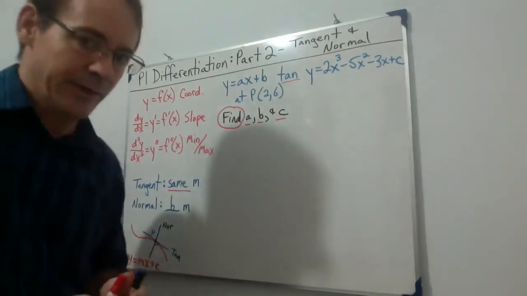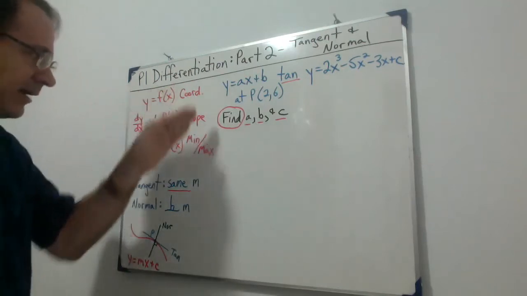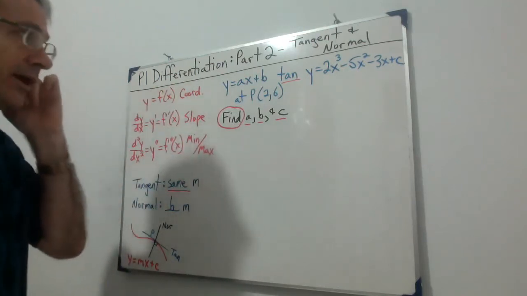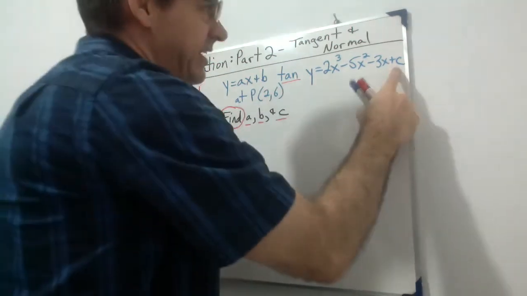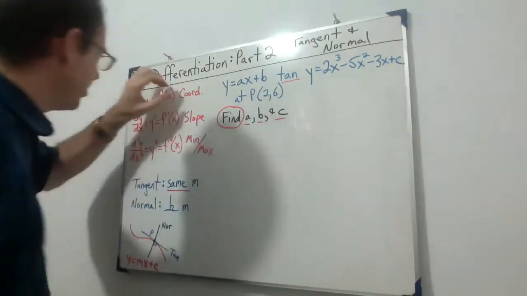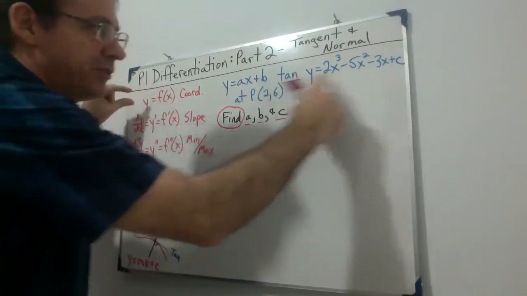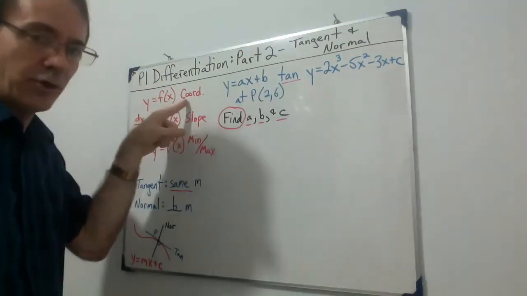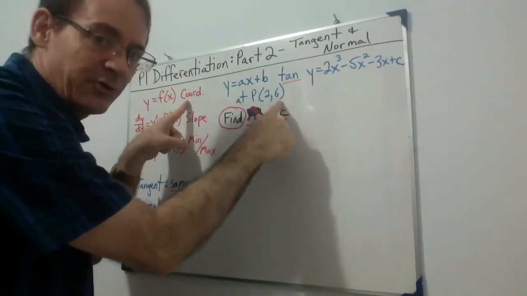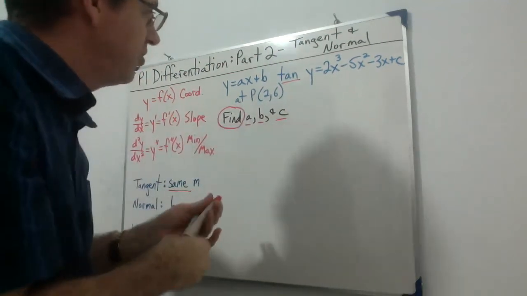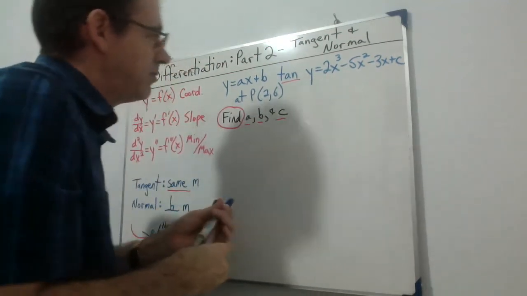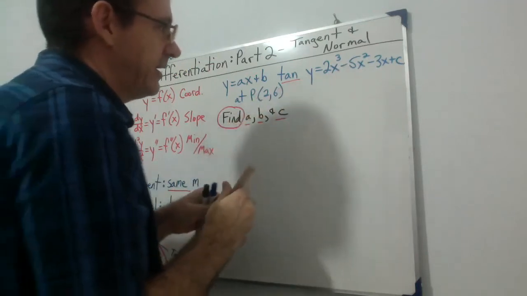So again, remember where you're at and what you want to do. Well, we want to find C, and C is in our original equation. And when you're dealing with your original equation, you want coordinates. And guess what? We have coordinates. So we can just go ahead and plug these coordinates directly into here.